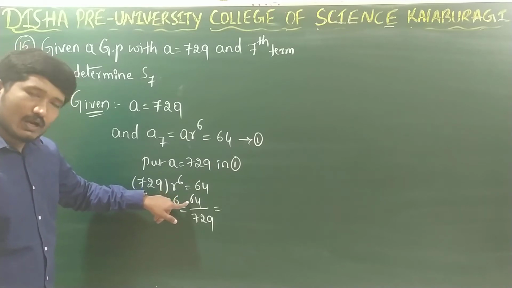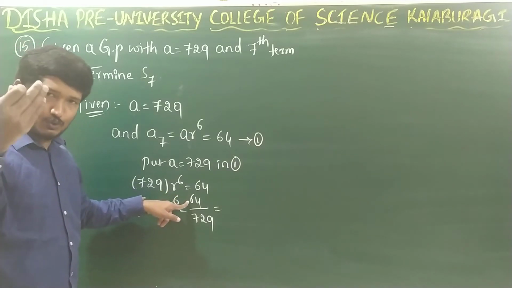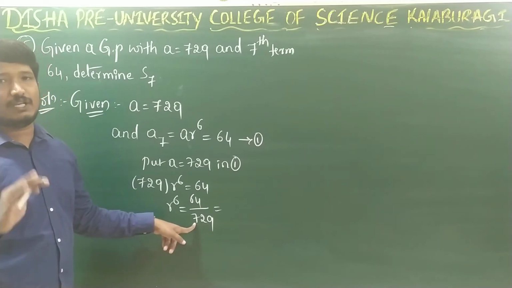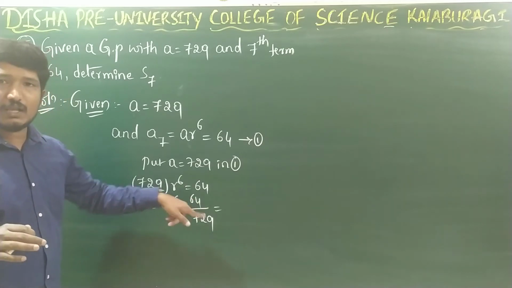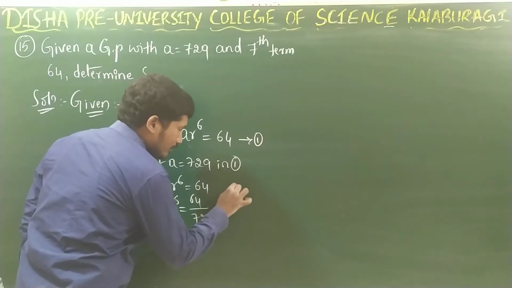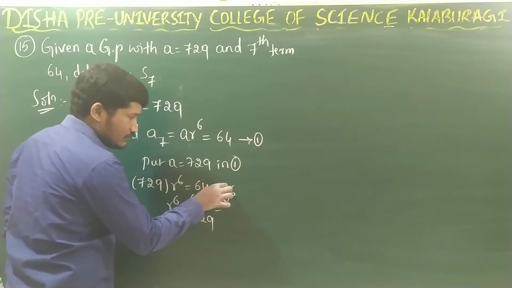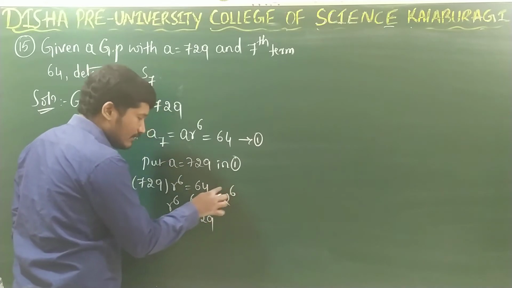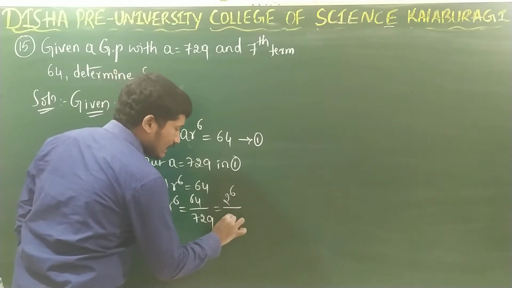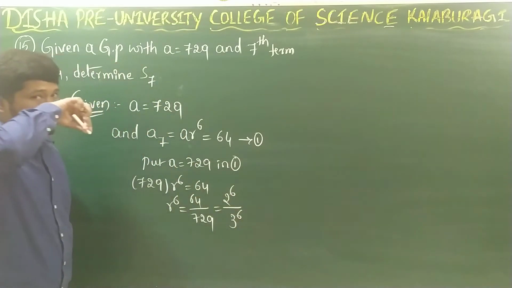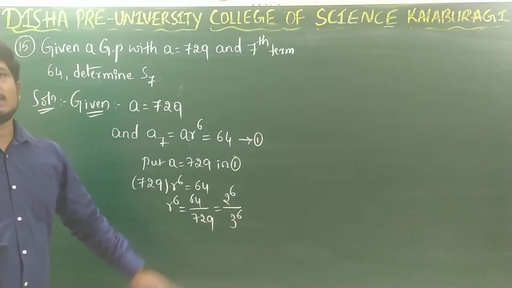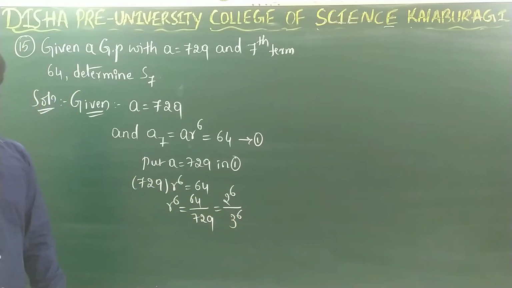I will convert this numerator in powers of 2 and this denominator in powers of 3, right? So why am I converting? You will come to know here. 64 can be written as 2 power 6. That is, when you multiply 2 six times, you will get 64, right? Divided by 729 can be written as 3 power 6. That is, when you multiply 3 six times, you will get 729. Right?